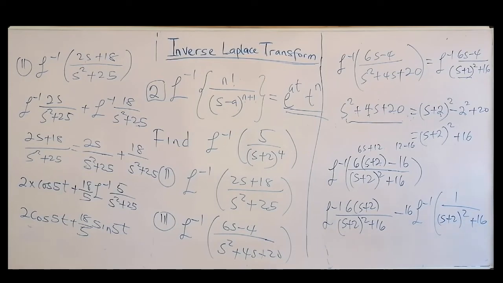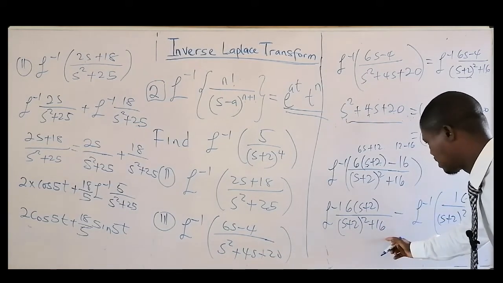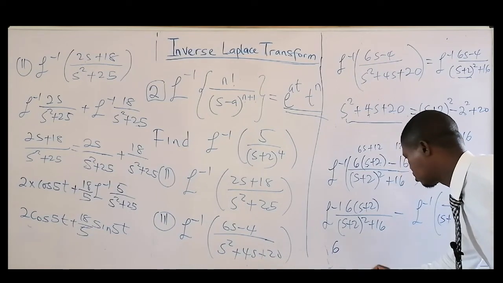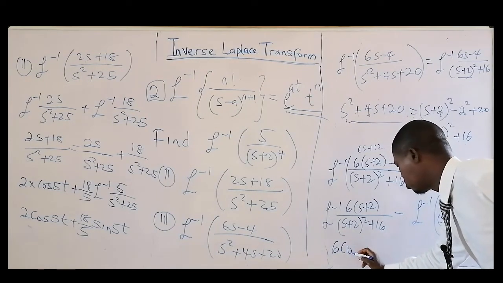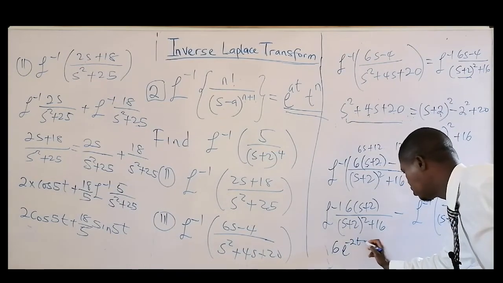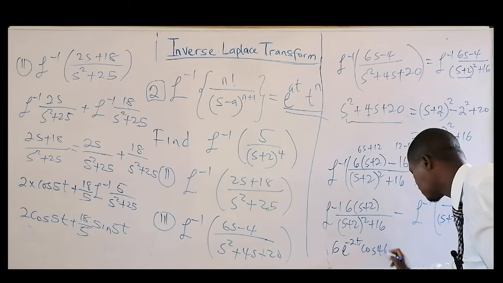If you don't like to do that, just separate that in that way. So this one is the direct answer. This will be 6 e to the minus 2t cos 4t.